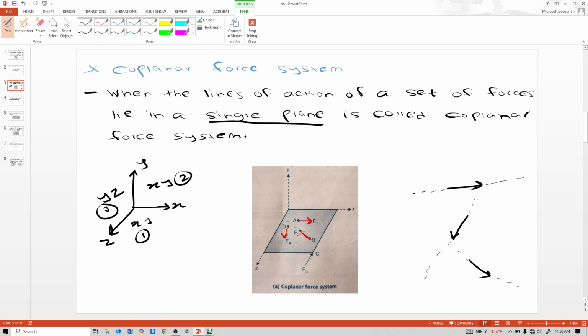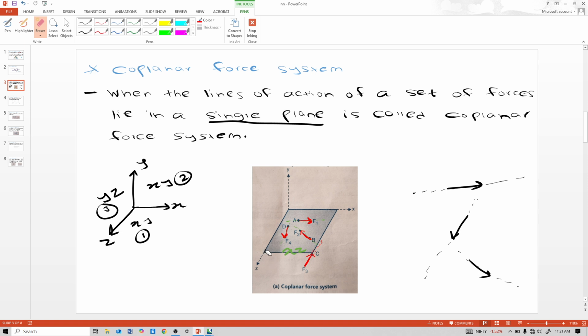So all these three forces F1, F2, F4 have lines of action in a single plane, only in the xz plane. And see, this F4 force is also here. F4 line of action is here on the xz plane.